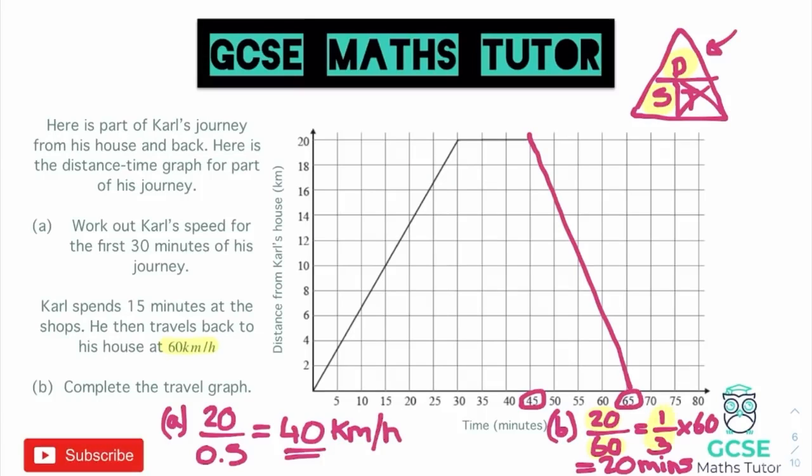That was in hours, so we multiplied it by 60 because there are 60 minutes in an hour, and it gave us our 20 minutes. Because down the bottom it was in minutes, that allowed us to then draw 20 minutes on top of our 45 minutes, which allowed us to complete the graph. So hopefully you were okay with that. Obviously this is the most difficult part of it, so it was worth talking about that again.